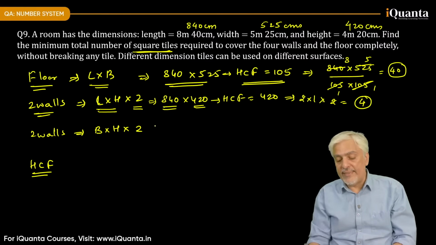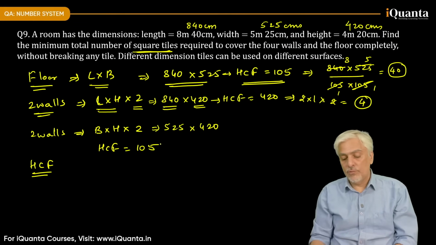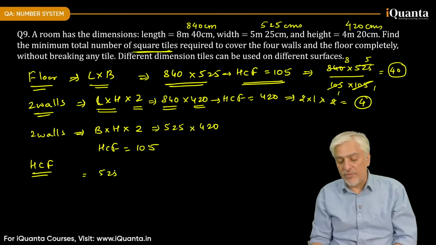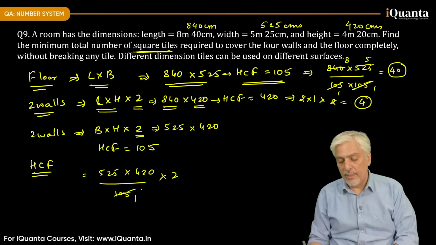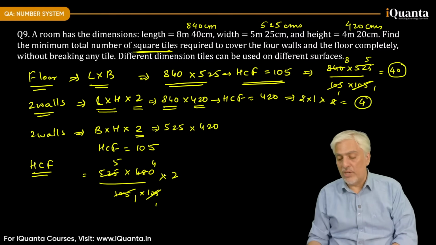Now breadth and height, 525 multiplied by 420. Again HCF is 105. So number of tiles will become 525 into 420 upon 105 and into 2 because again दो walls है, side का wall इस side का wall. 105 4s are 105 5s are 22s are 40.